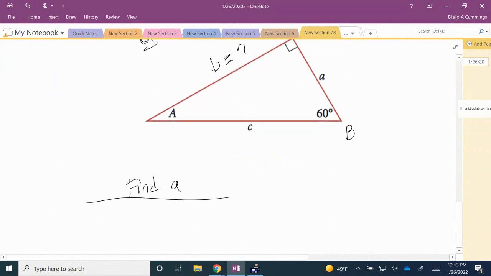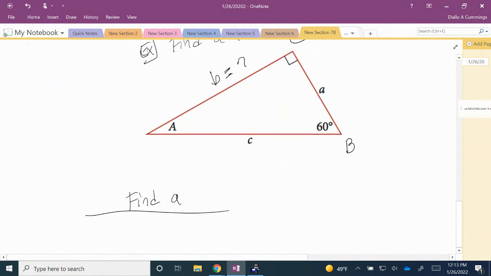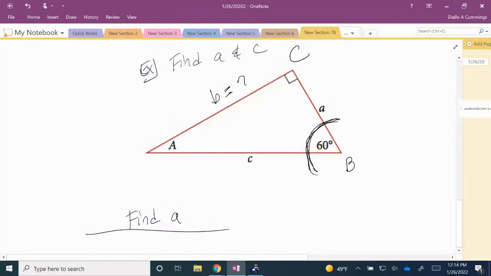All right, so we're going to find side length A. When we set up a trig function, we must use Chief Sokotoa. We have to start with a reference angle. In this instance, I'm going to start with angle B because I know the value of angle B. So my reference angle is B.